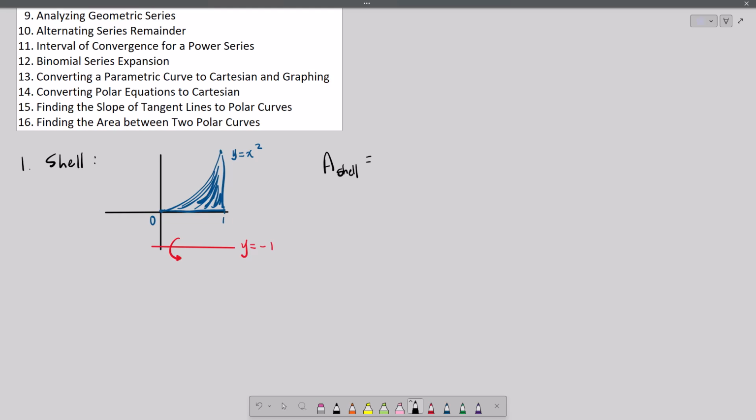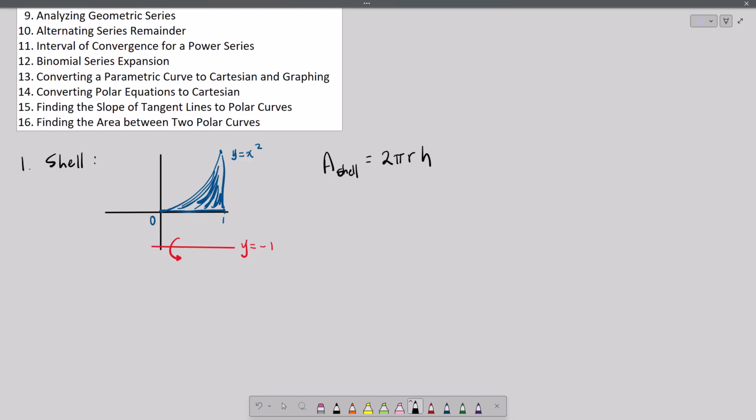So when we think about building our shell, we know that that's going to be 2 pi r h. That's our generic formula. 2 pi r is the circumference of a circle, and then we multiply by h, which is the height. So that extrusion is going to give us the area of the cylinder or the area of a shell.